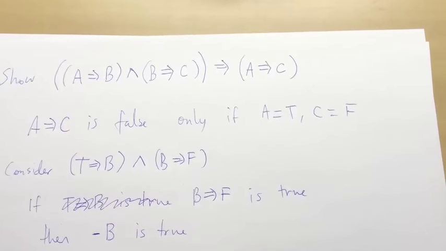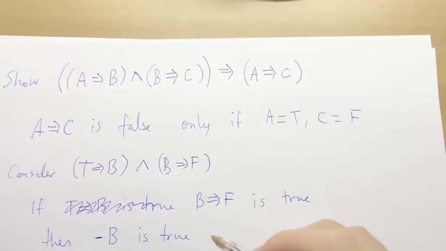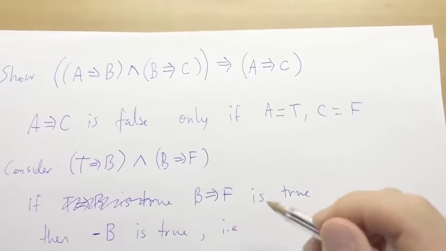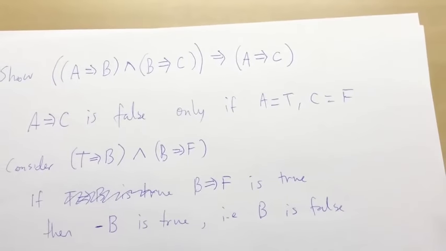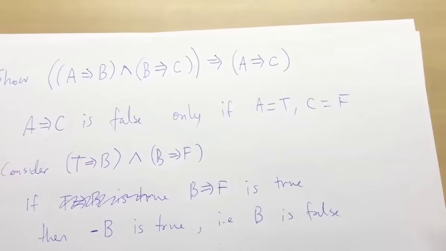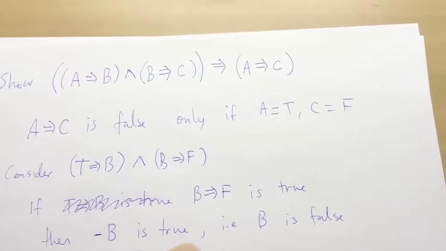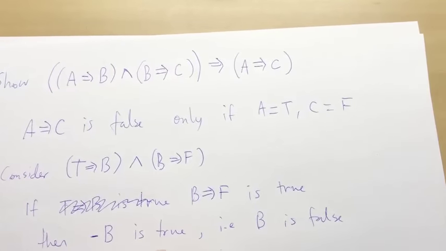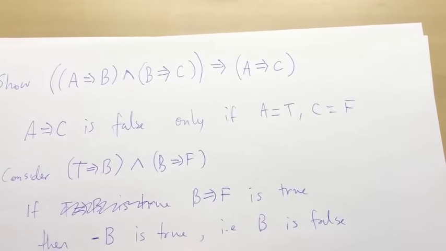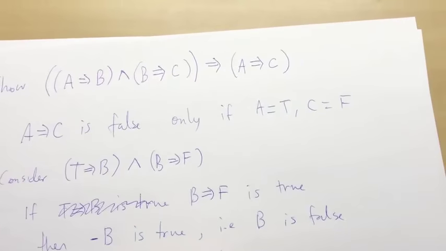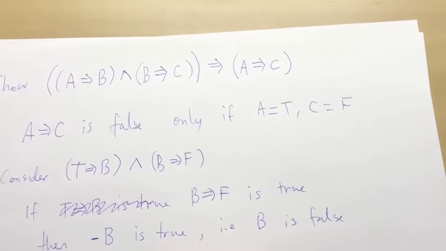Okay, so if not B is true, then B is false. So now we get our conclusion. So true implies B, which we said is false. So true implies false is false.